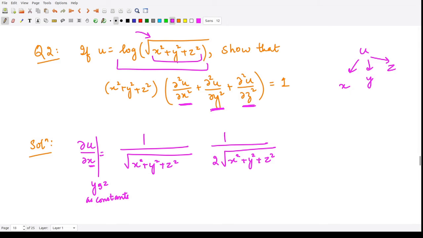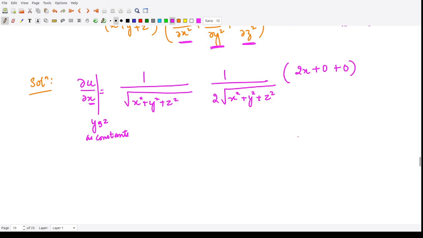So its derivative partially would be 2x plus 0 plus 0. Why? Because y and z are constants, and the derivative of x square would be 2x. So we could simplify this. This 2 gets cancelled with this 2. So you would be left with x divided by x square plus y square plus z square. Here we have square root, here we have square root, so when you multiply these two, you have the power as 1.